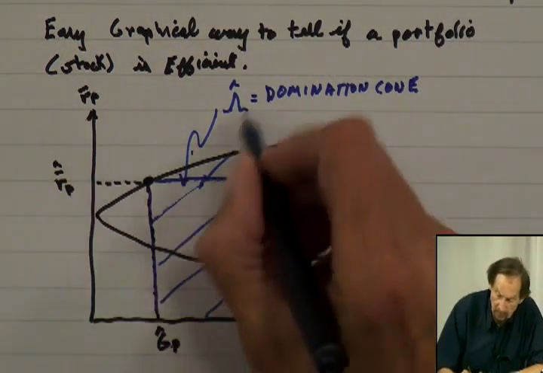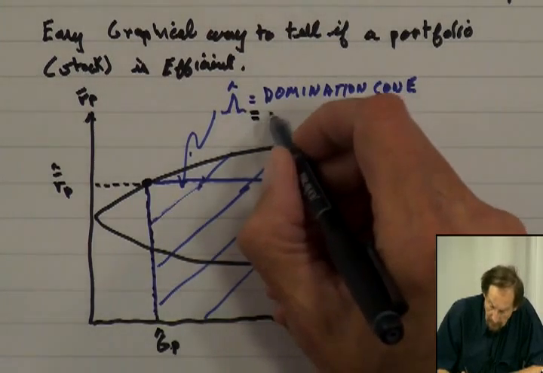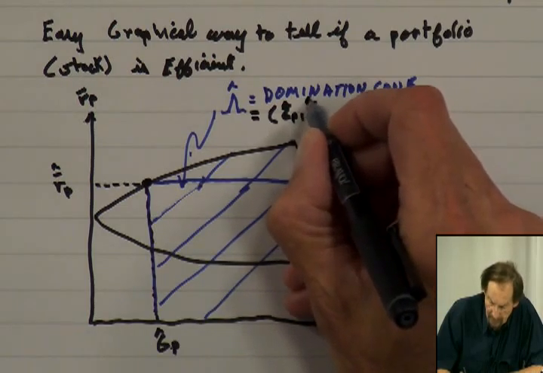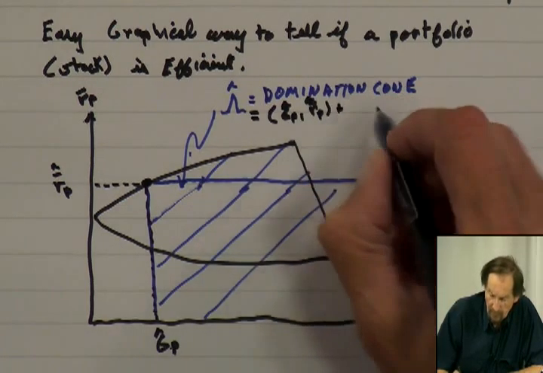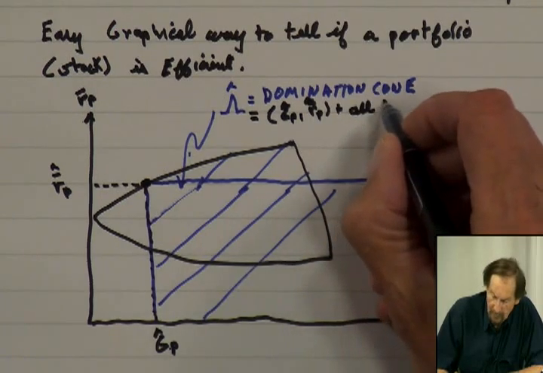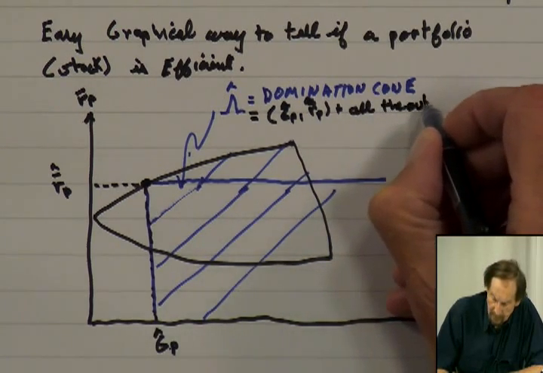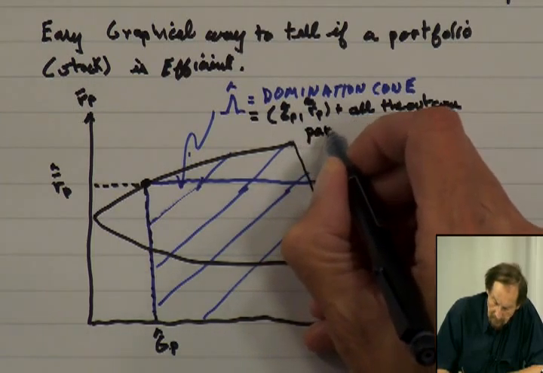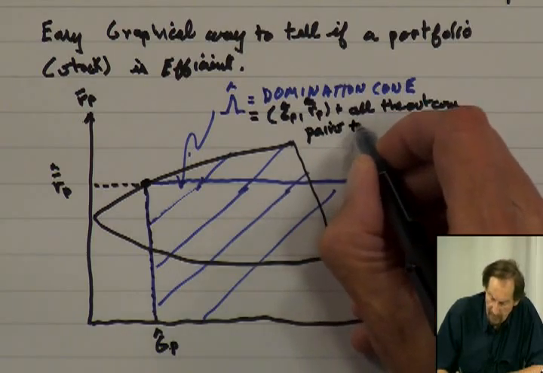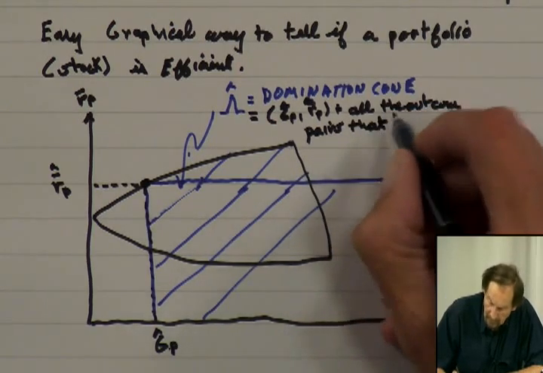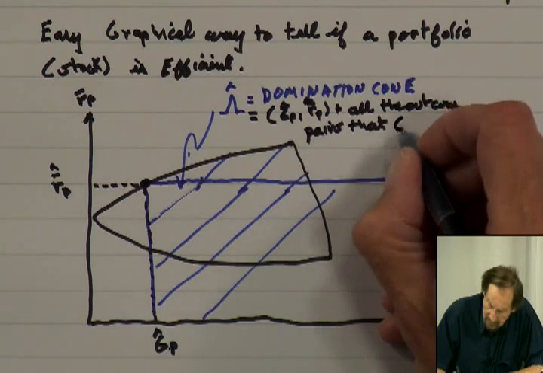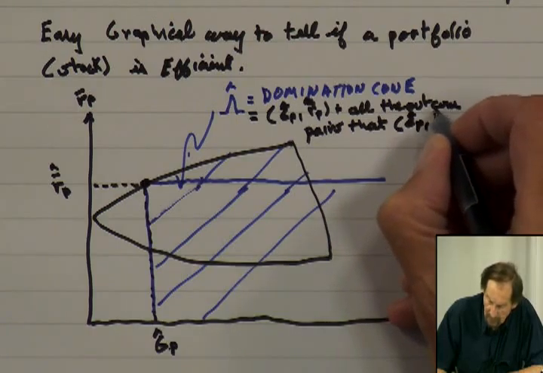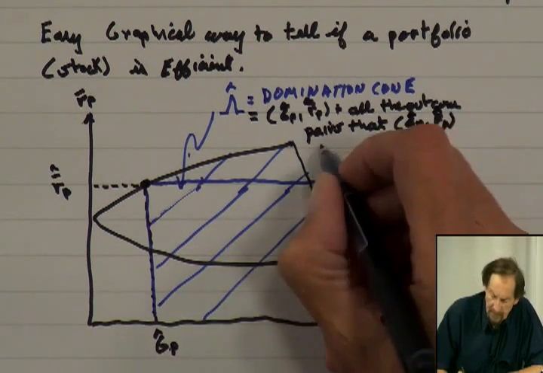That equals sigma hat P, R bar hat P plus all the outcome pairs that sigma hat P, R bar hat P dominate.